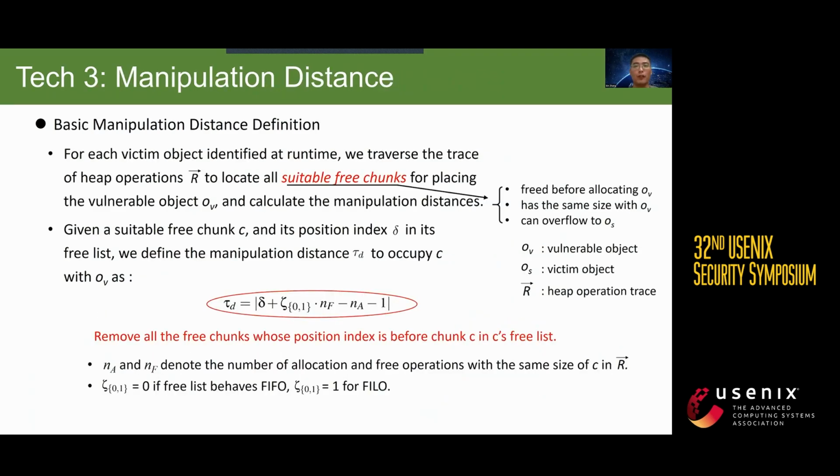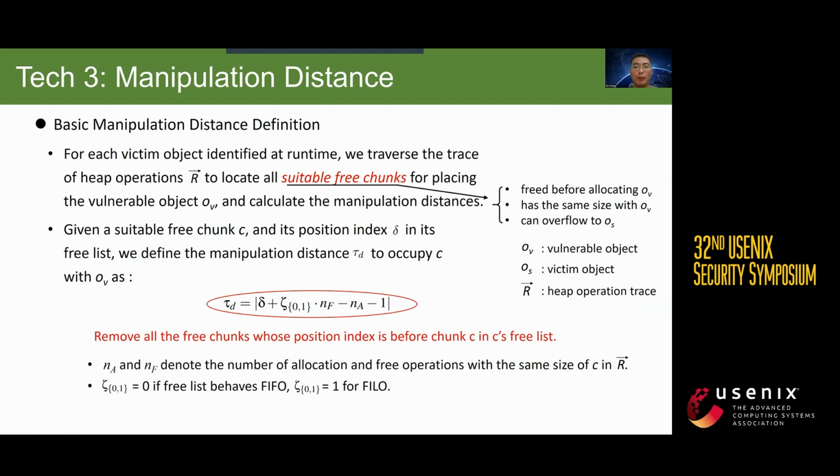Unlike previous work that defines the distance as a gap between two objects' locations, for a free chunk C which is suitable for the vulnerable object to overflow a victim object, we define the manipulation distance tau d as this.